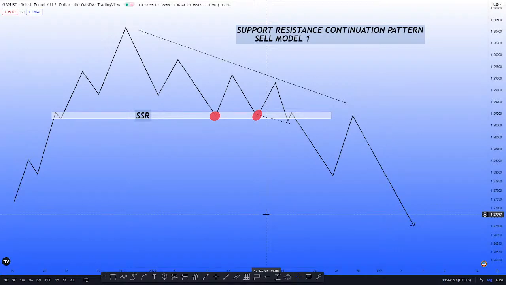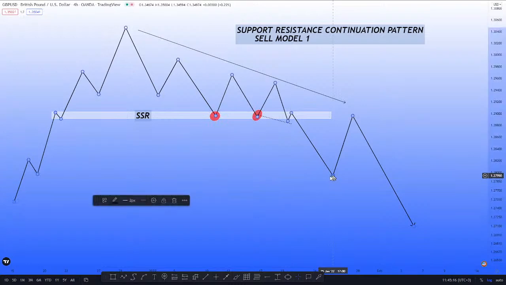After the break, you wait for the retest. Then after the retest, they will form a supply level. Remember, we are not trading the breakout. You can trade it, but it's not that safe because you have not confirmed if the price is actually reversing up there.